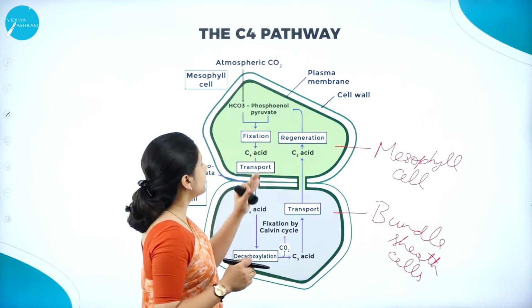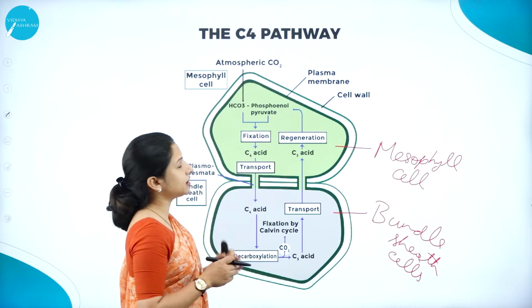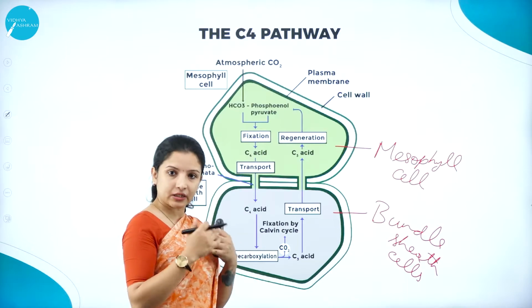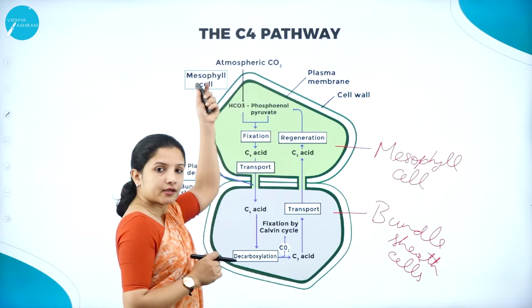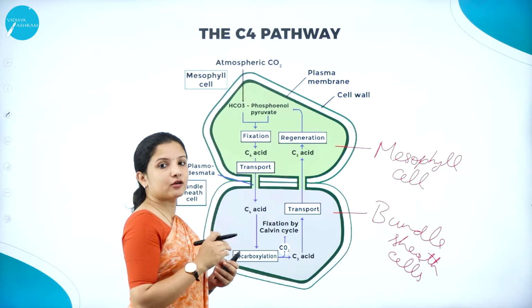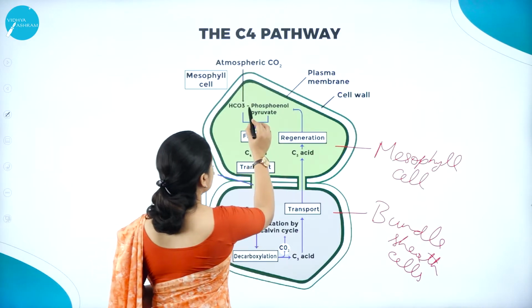Here, in the mesophyll cells, the atmospheric carbon dioxide would have already been taken in by the plant, by a compound called phosphoenol pyruvate.